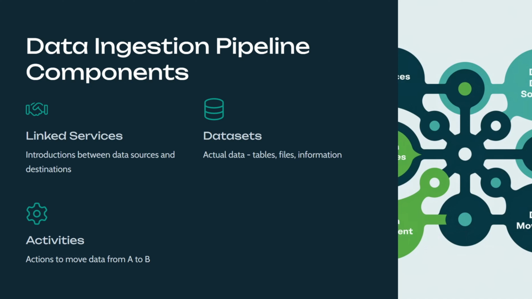This is your actual data, the tables, files, and all that juicy information you want to move around. Think of them as the guests at your data party. Number three, activities. These are the actions Data Factory takes to get your data from point A to point B. It's like the party planner, making sure everyone has a good time and gets to the right place.